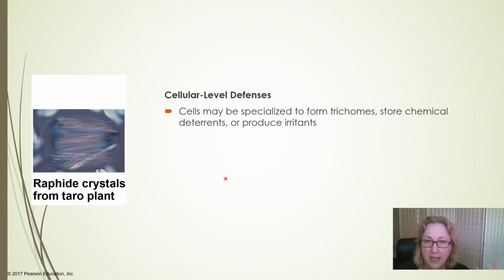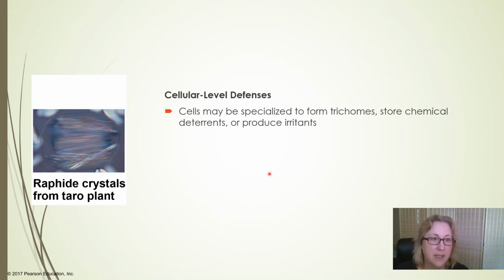There are also mechanical defenses. There are many plants that have crystals inside the leaves or inside the fruits that would make it very unpleasant for an animal to eat them. And these are usually directed at large animal herbivores. Even bananas have these.